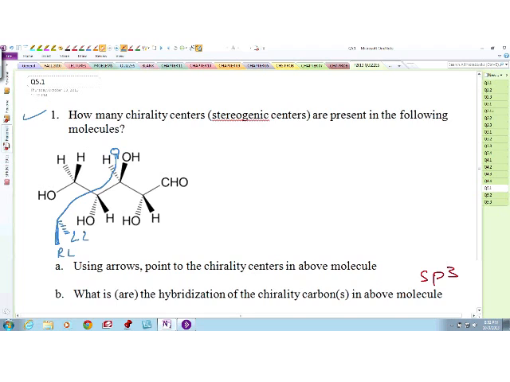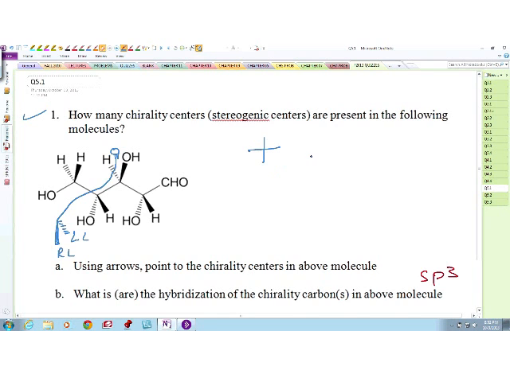It's almost as though I am doing this. But the point here is that I am focusing on this carbon right here. Facing this carbon. Okay. Let's do the projection for that carbon.